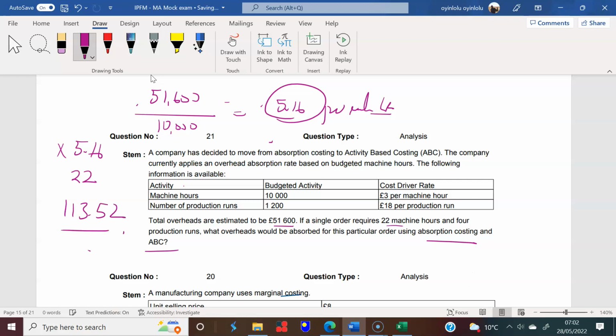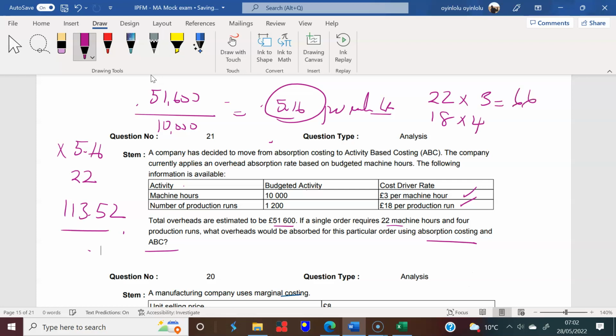Now, activity-based costing would say, actually, we have a better way of doing this. I can give you some more information. The machine hours are only really at £3 per machine hour, and you have production runs. You have 22 machine hours, so that's 22 times 3, and then you have 4 production runs, and that's 18 times 4.